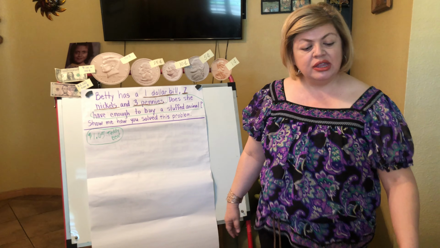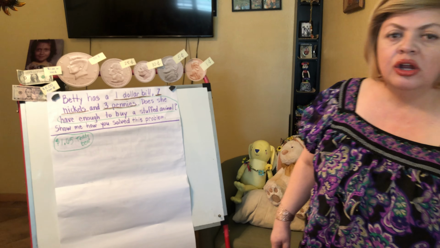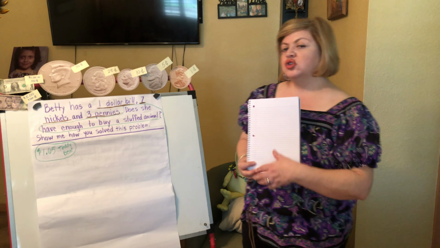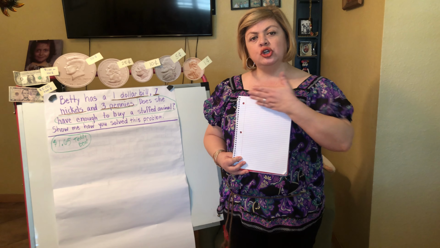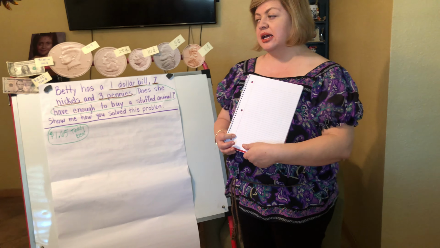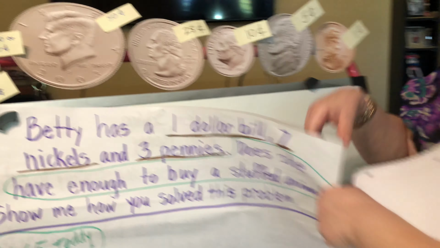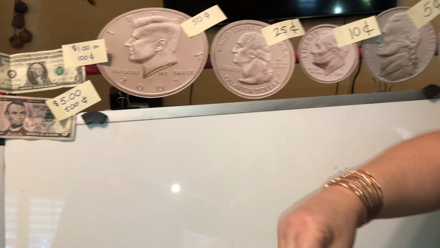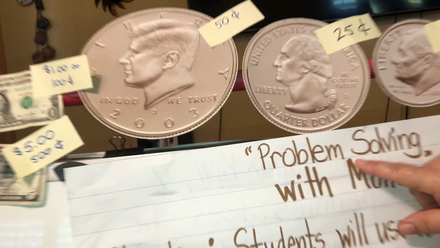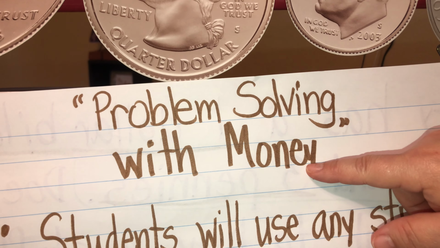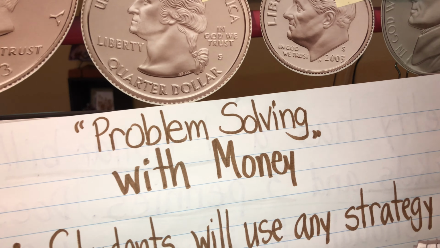And remember, everything gets solved in your math journal. So you turn to the first blank page, you write today's date, you title the lesson. The lesson is titled, let me turn it over, Problem Solving with Money. So that is what you would write at the top.